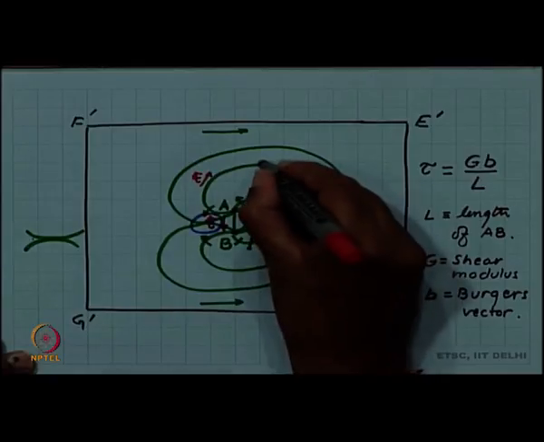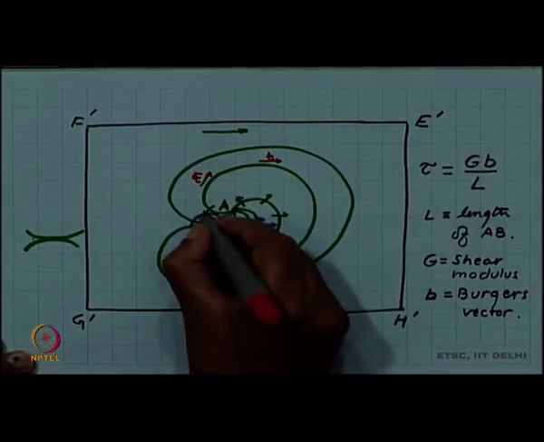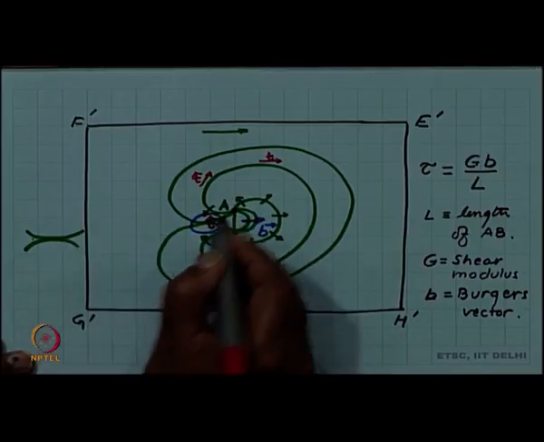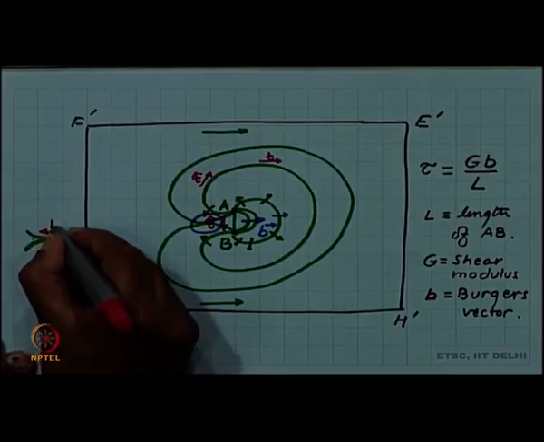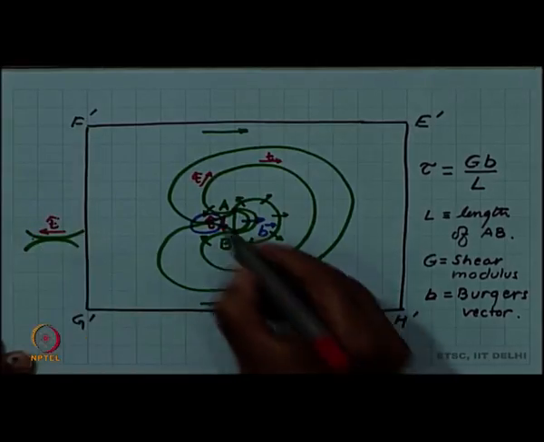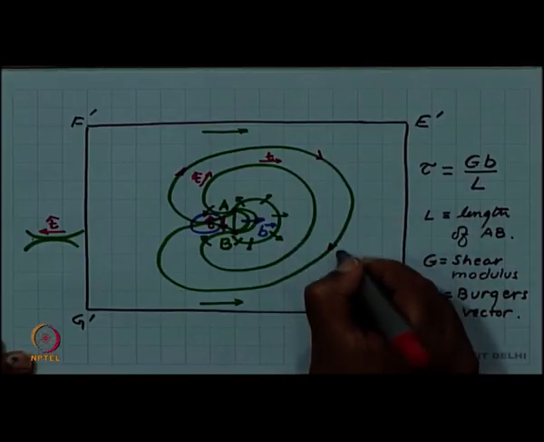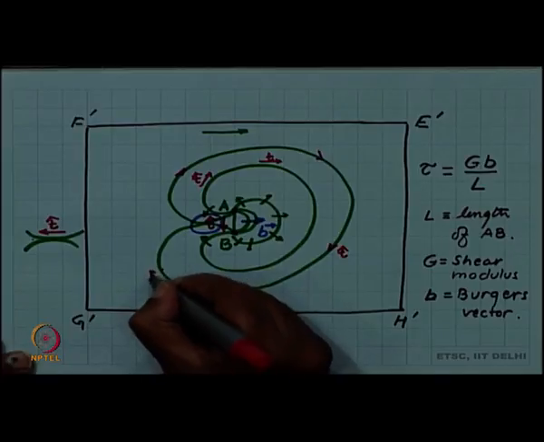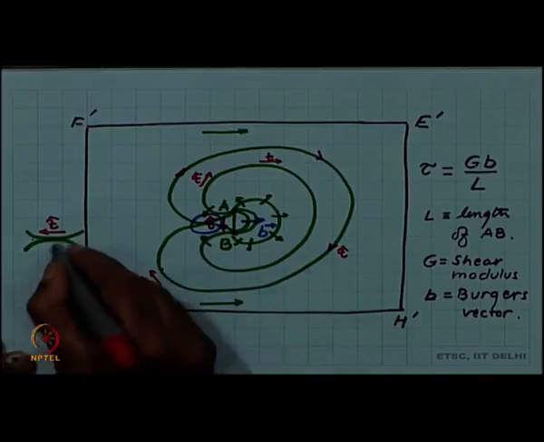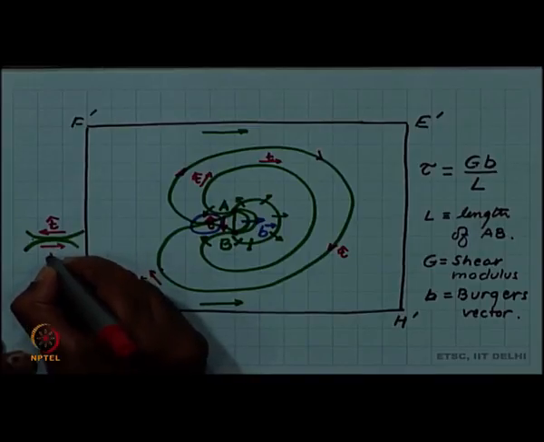So, the T vector keeps following the dislocation line. In this case, the T vector starting from A will be pointing to the right, but then when it takes its entire journey along the loop, it will come back in the opposite direction.